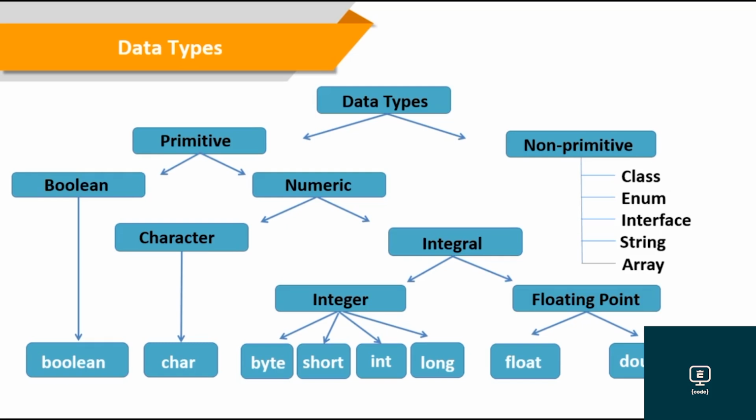They have no special capabilities. Byte, short, int, and long data types are used for storing whole numbers. Float and double are used for fractional numbers. Char is used for storing characters. Boolean is the data type used for variables that hold either true or false.